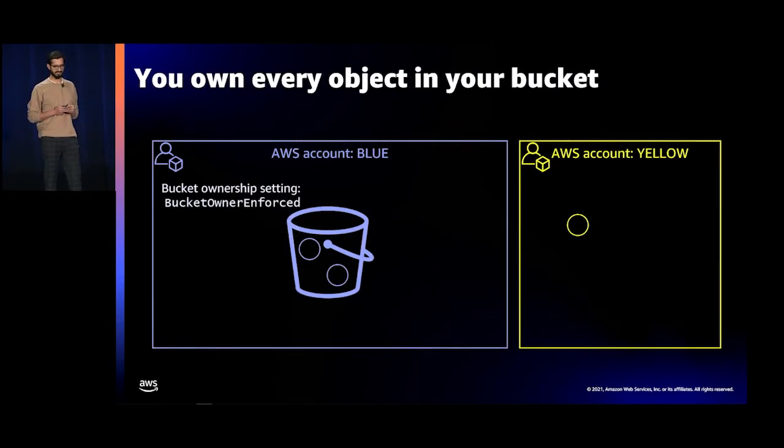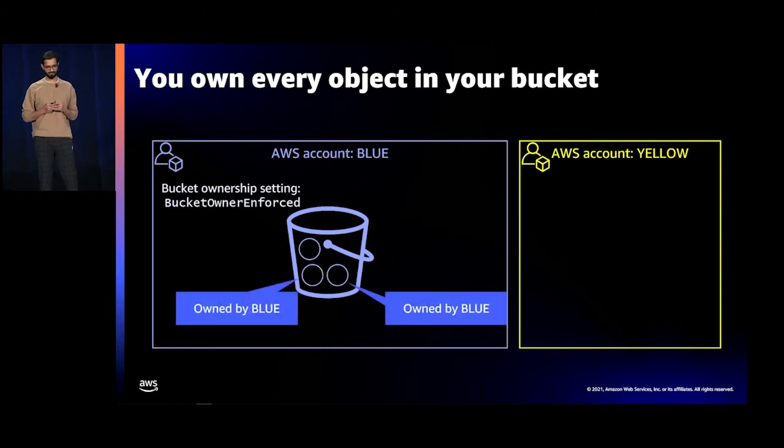Going back to our previous example, let's assume that you have applied this new object ownership setting. You'll notice that the objects written by other accounts are automatically owned by you. So this helps you standardize the ownership of your objects in your bucket by making sure that bucket policies are applied to all objects in the bucket without any exception induced by ACLs.